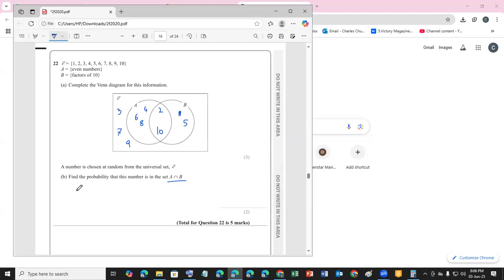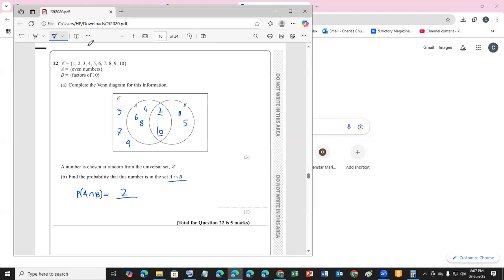So, of course, you remember the formula for probability: number of required events over number of possible events. The required events is A intersection B. And A intersection B has how many numbers? 1, 2. So you just put 2 there on top.